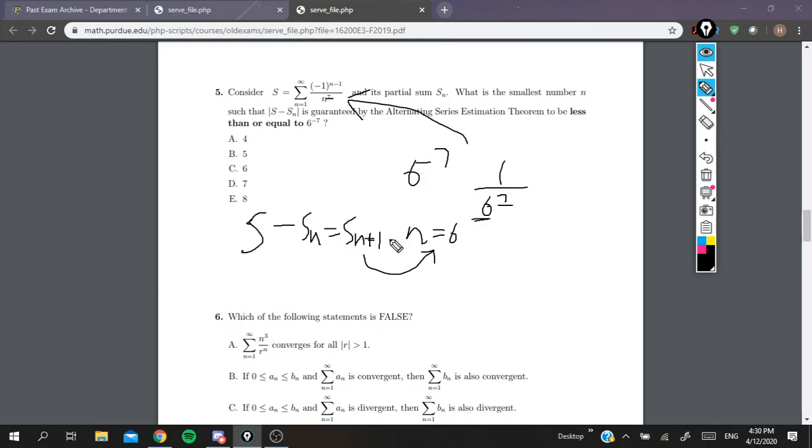So then n equal to 6, then you're finding this n will be 5. The error should be one term more than the number they're looking for, and you just have to be careful of the wording, like, are you finding this term or are you finding the error?